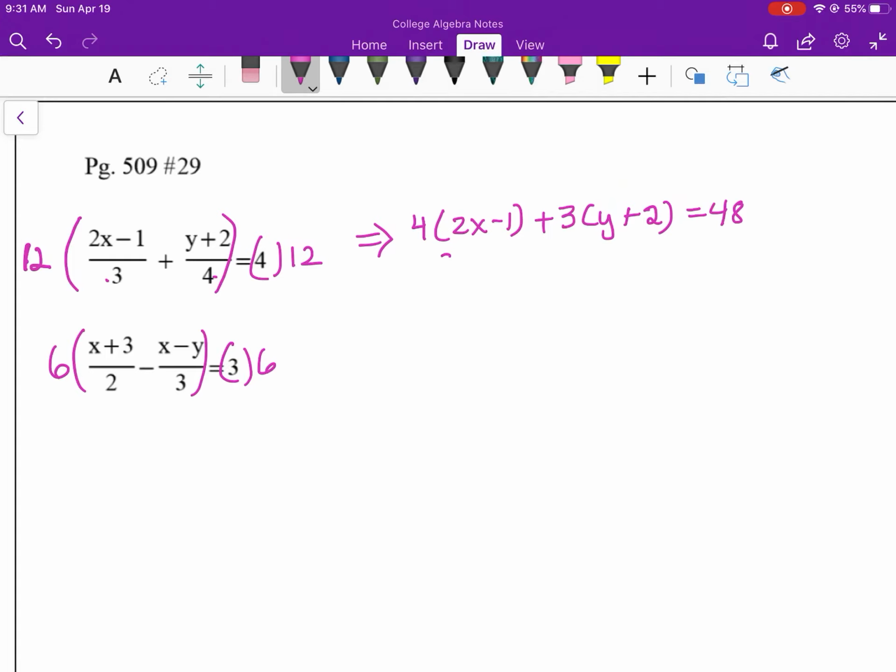If I clean that up, I can keep going after this, getting my x and my y on one side of the equation, and that would equal 46.